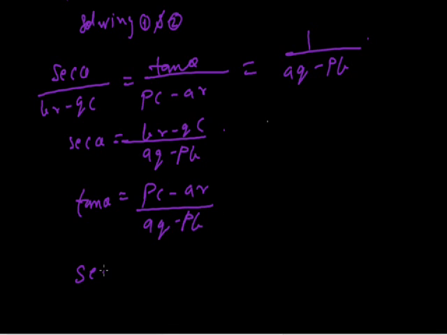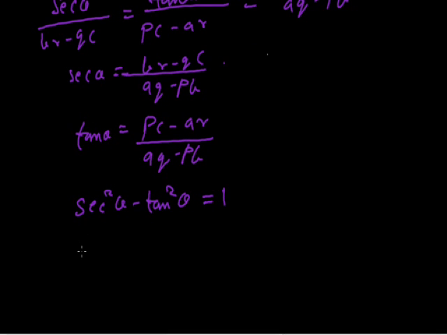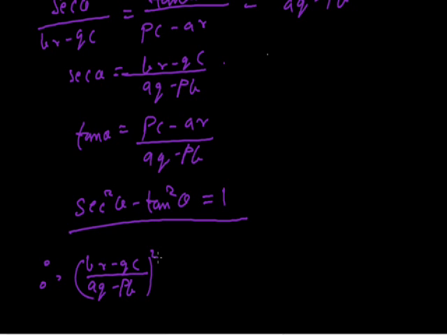As we know, sec square theta minus tan square theta is equal to 1. Therefore put sec theta and tan theta in this very equation. Therefore it became br minus qc upon aq minus pb whole square minus pc minus ar upon aq minus pb whole square is equal to 1.